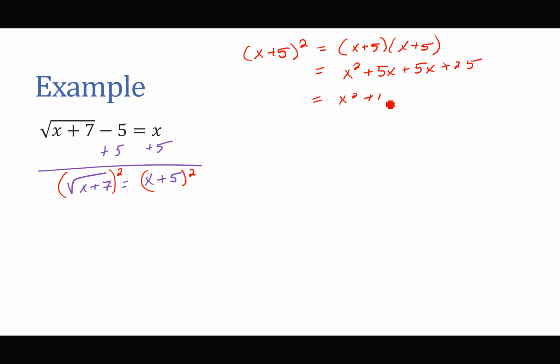So x squared plus 10x plus 25 is now what I have on the right. And then on the left, made that a lot easier to work with. That's just x plus 7. No longer have any radical going on in this.